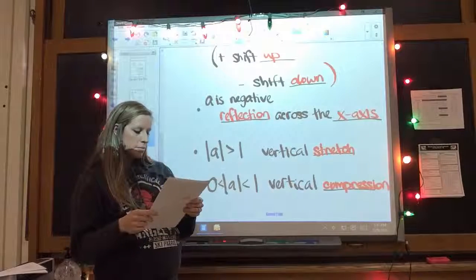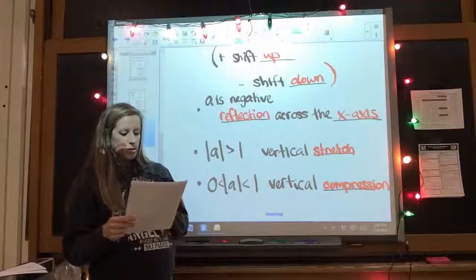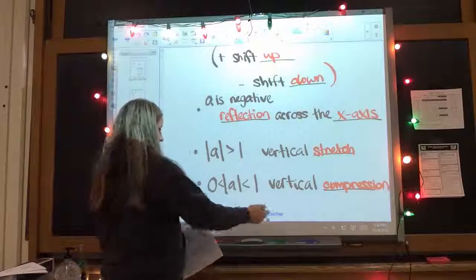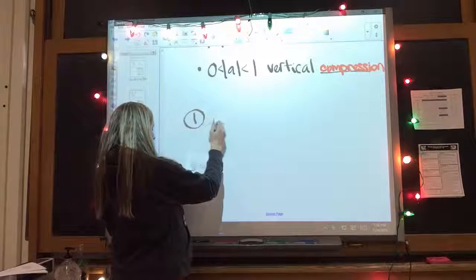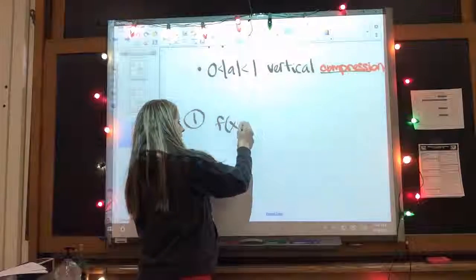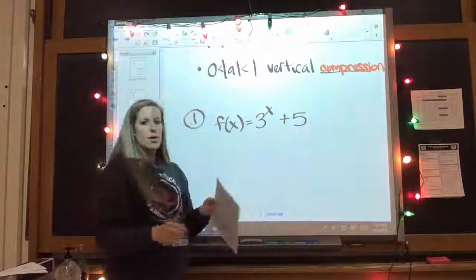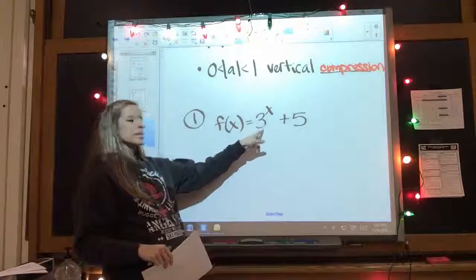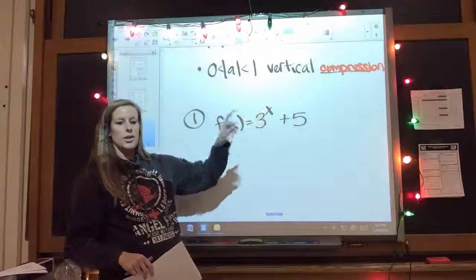All right, and then on number 1, the directions say, part A, identify the parent function, and B, describe the transformations. Okay, so number 1, we have f of x equals 3 to the x power plus 5. So my parent function is where I have the same base, but all I have is an x in the exponent.